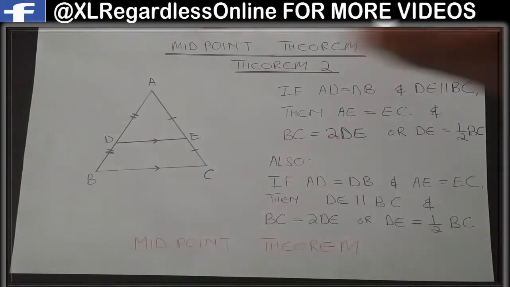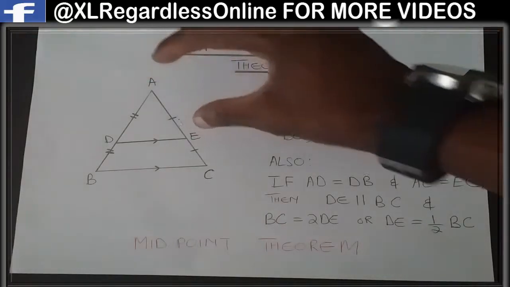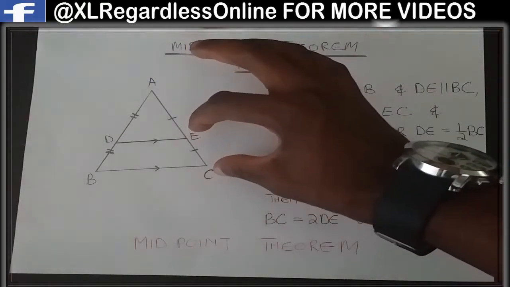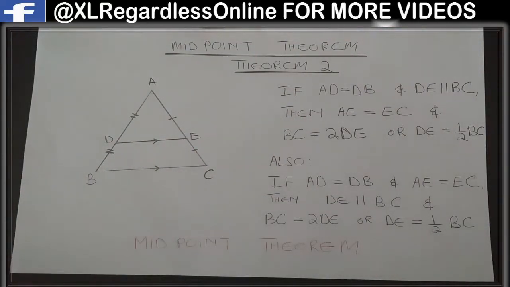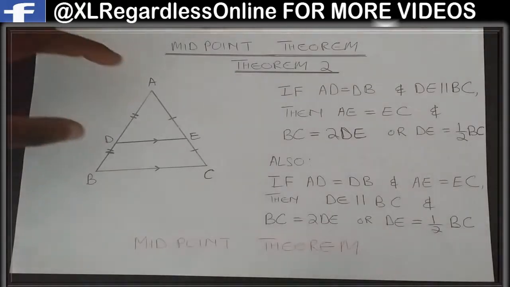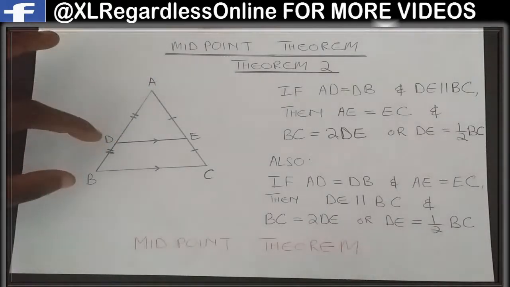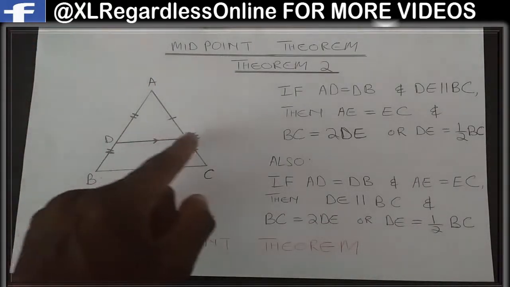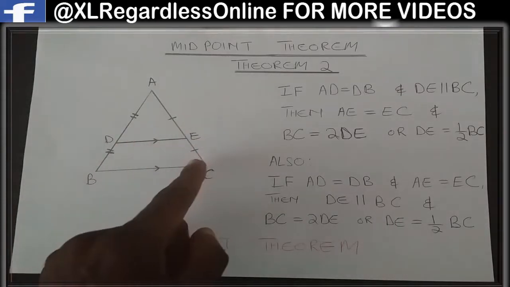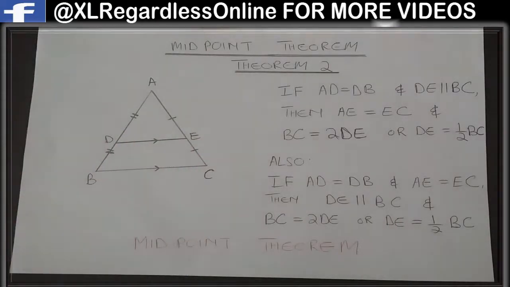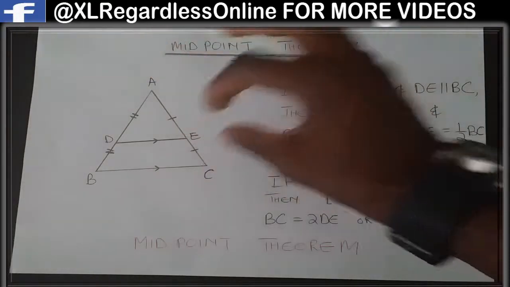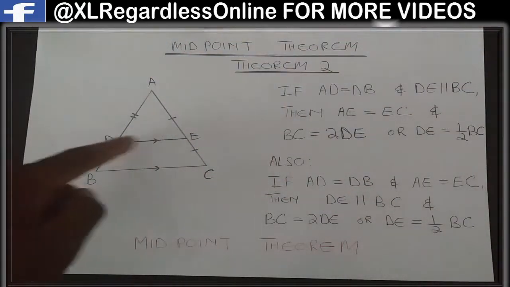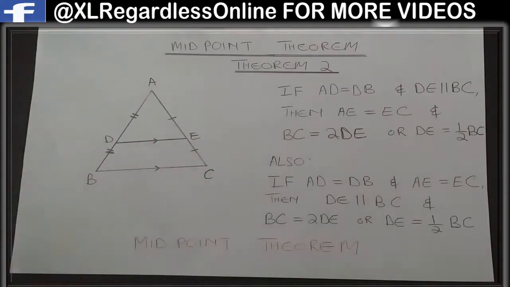Or we can have AE being equal to EC and DE being parallel to BC. If we have those conditions, either this one being equal to this one and this line being parallel to this line, then this theorem will work. Or we can have this one being equal to this one and being told that DE is parallel to BC, then we can use this theorem.